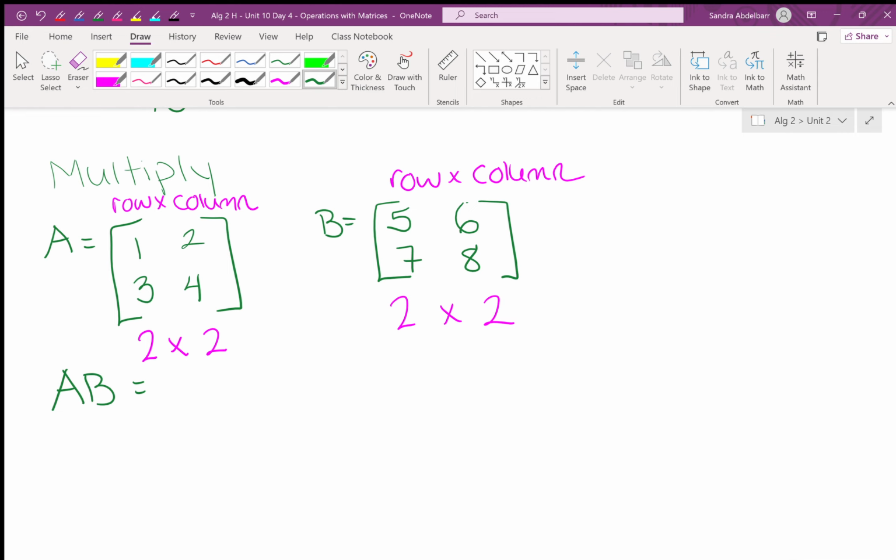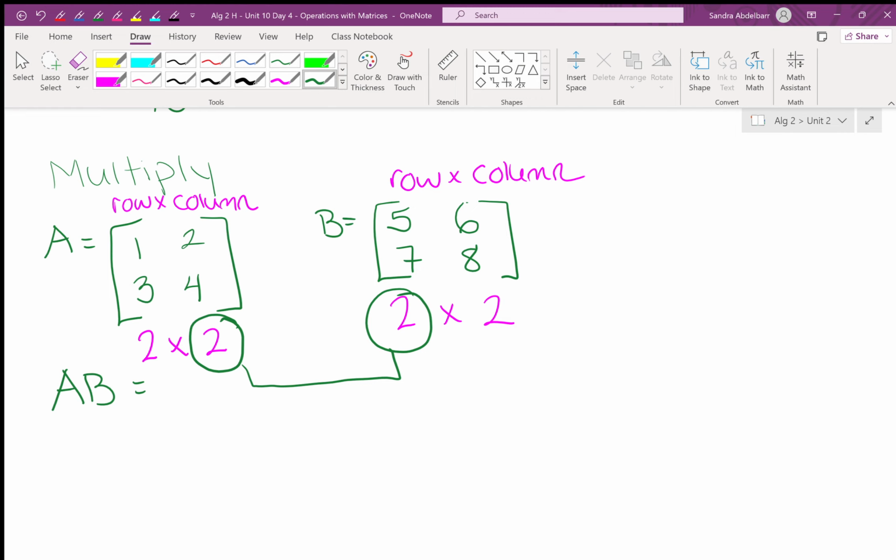All right, this makes it pretty simple, but generally speaking, we want to make sure that the number of columns in the first one has to match the number of rows in the second one.